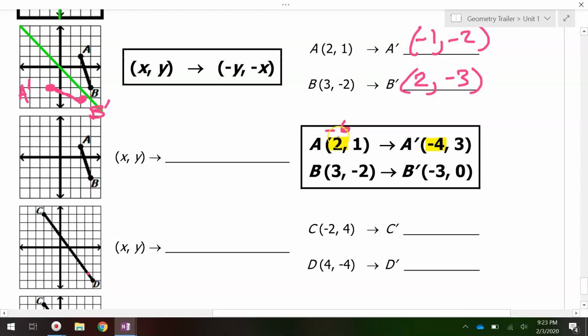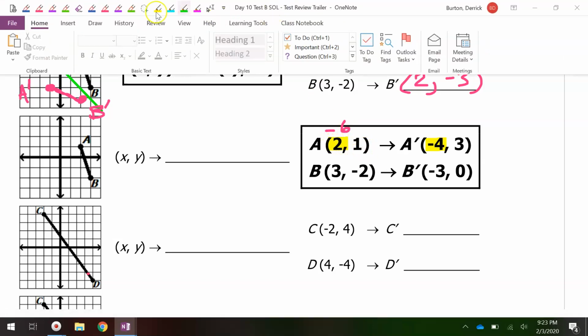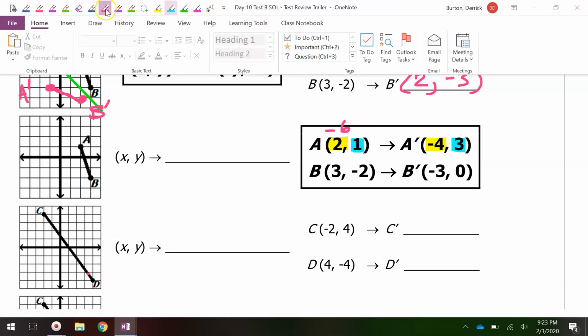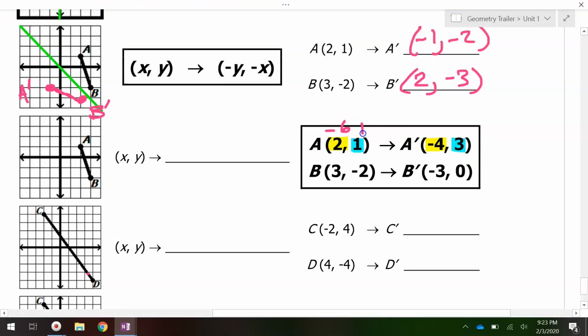So it looks like we're subtracting 6 from the x value. What about the y value? The y value is going from 1 to 3. That is increasing, so that looks like we're adding 2. So this is my hypothesis. It seems like we're doing x values minus 6 and y values plus 2.